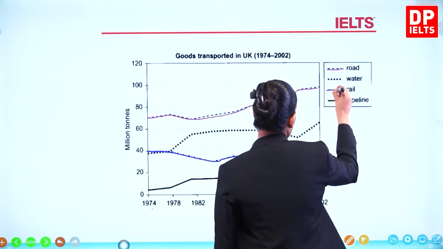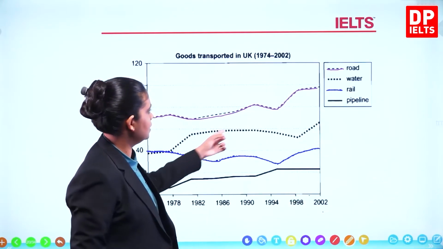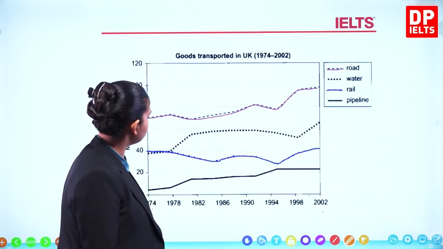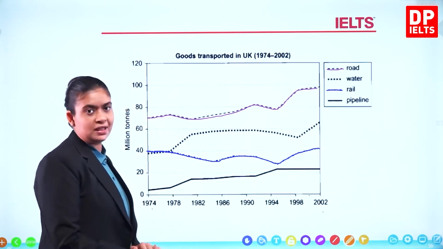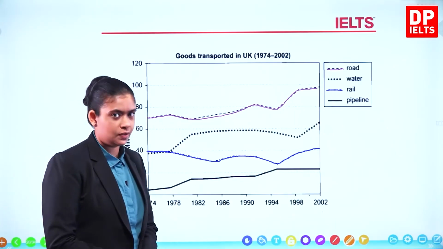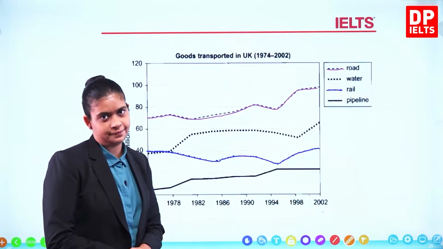Okay. And the other two I think are quite easier because this is for water and the dark line is for pipelines, okay? So I'd like you to take 20 minutes, pause the video here and then jot down your answer. At the end, let's have a look at a sample answer.